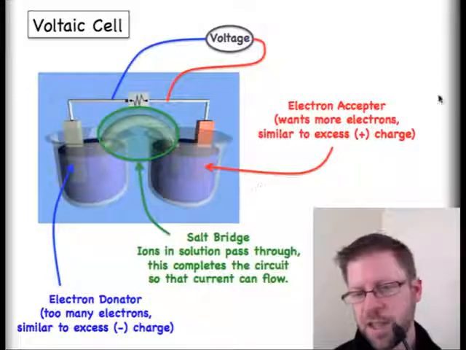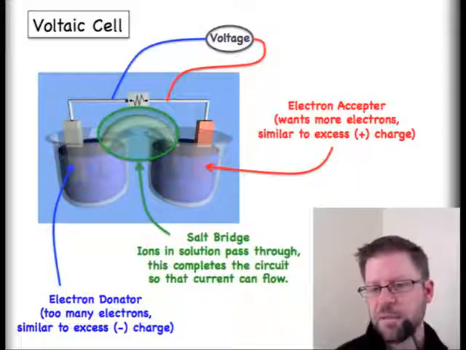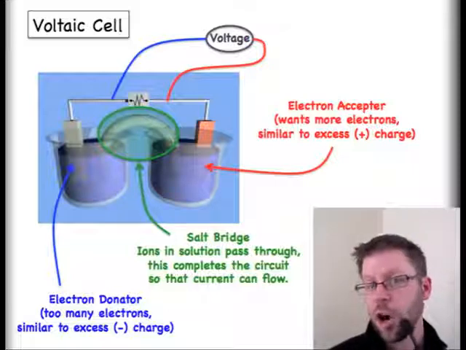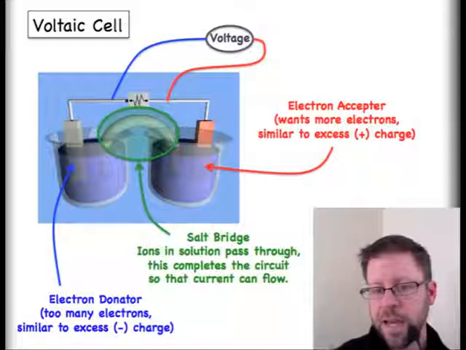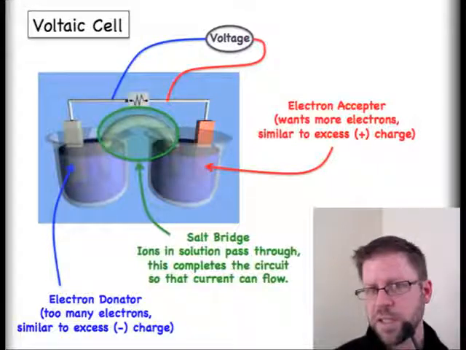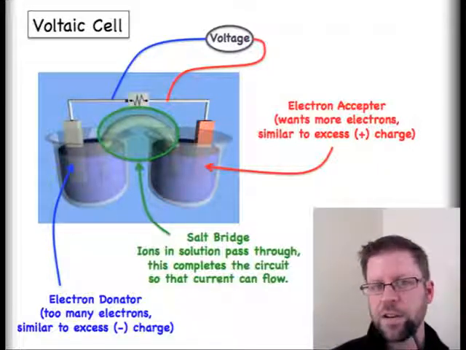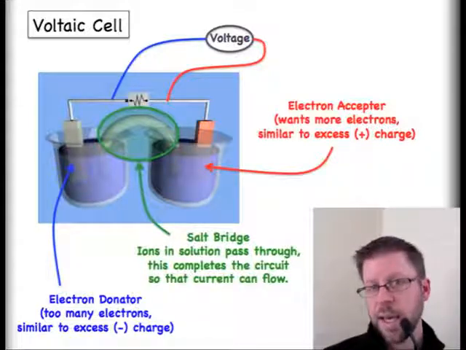So the salt bridge you can really think of as just a required thing that allows charges to transfer from one side to the other. Now for this type of thing though, those charges are on different ions, and so the full ion actually travels from one solution to the other.